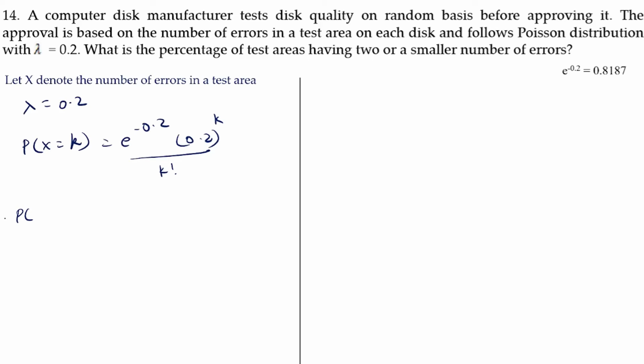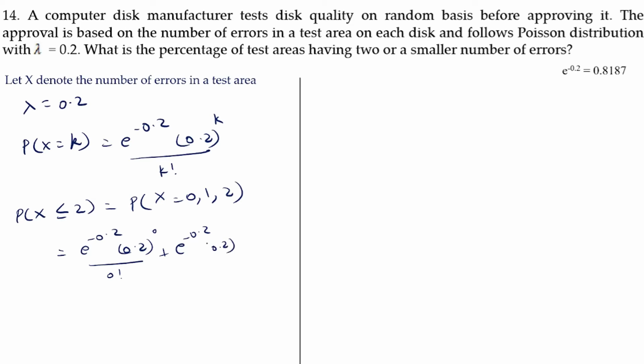So for that, let us find the probability of x less than or equal to 2, which is the probability of x equal to 0, 1 and 2. So it is e raised to minus 0.2, 0.2 raised to 0 by 0 factorial, plus e raised to minus 0.2, 0.2 raised to 1 by 1 factorial, plus e raised to minus 0.2, 0.2 squared by 2 factorial. E raised to minus 0.2 is common, let us take it outside, into 1 plus 0.2 plus 0.04 divided by 2.